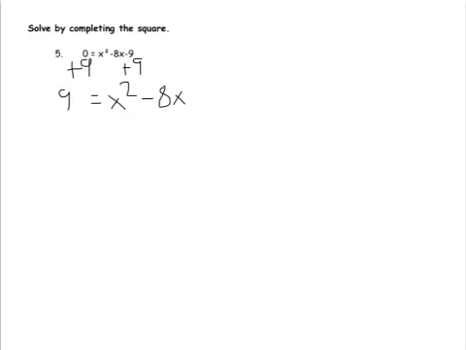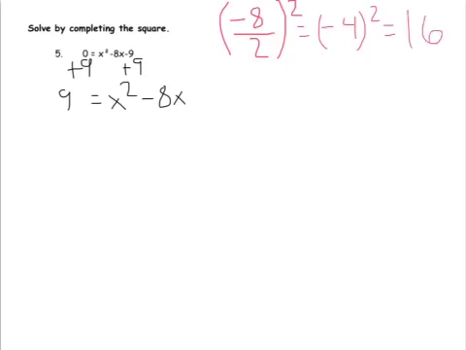Now I can take this negative 8 and bring it over here. I'm going to have negative 8 over 2, squared. So I get negative 4 squared equals 16.